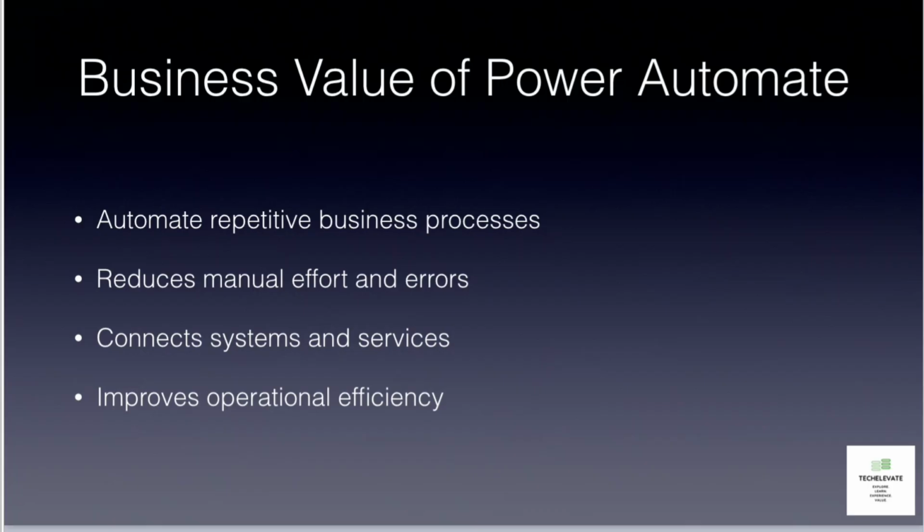Business value number 8, cost savings. Power Automate reduces costs by minimizing manual labor, reducing development effort, and lowering operational inefficiencies. Organizations achieve higher efficiency with fewer resources, delivering strong return on investment.